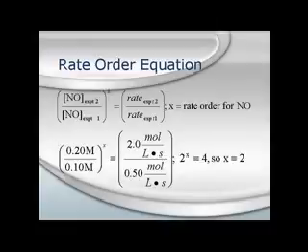So we have our 0.2 moles per liter divided by 0.1 moles per liter raised to some power x is equal to 2 moles per liter times seconds over 0.5 moles per liter times seconds. So we have that the ratio of the concentrations is 2 raised to some power x, which is equal to the ratio of the rates, which is 4. So 2 raised to a power x being equal to 4, that means x has to be 2. So the rate order for nitrogen monoxide is 2.